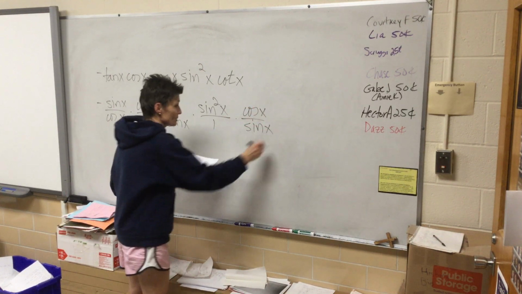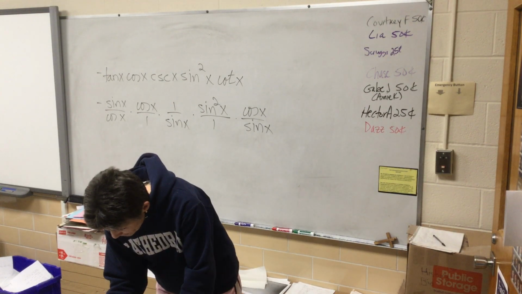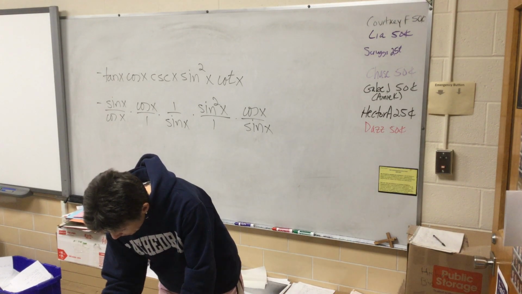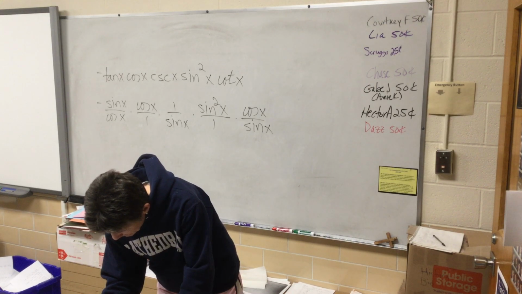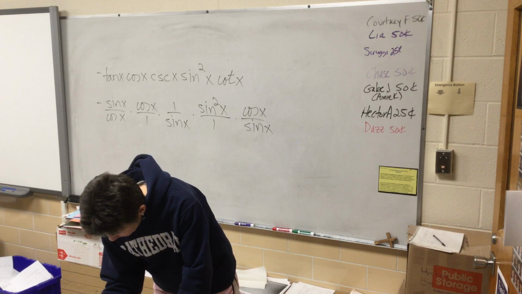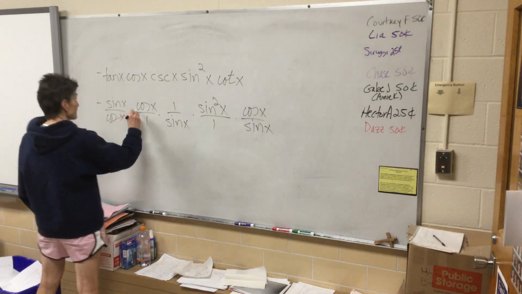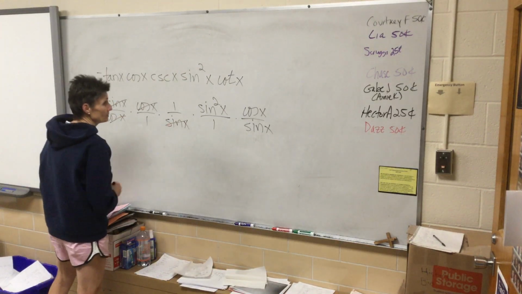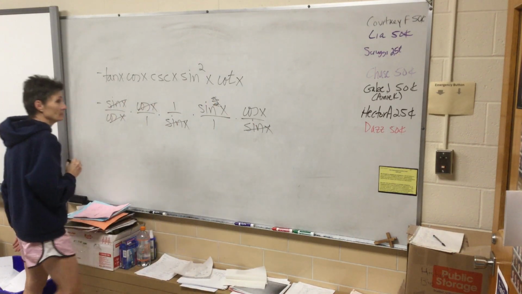So now that you have it all written out, you're going to do what? You're gonna cancel it out. Whatever you can cancel, that's right. So we're just gonna start canceling. And tell me what you end up with. Cosines are out, sines are out. Now, one sine will cancel with that.